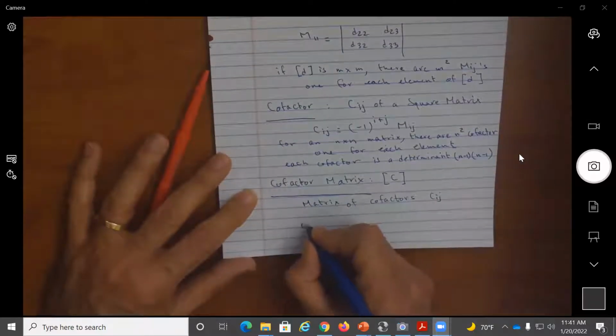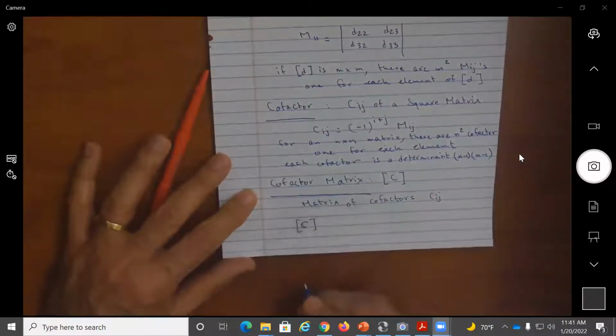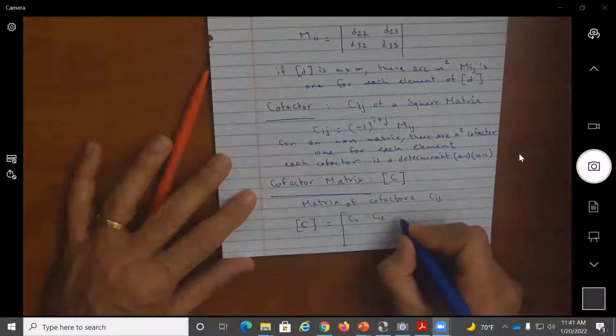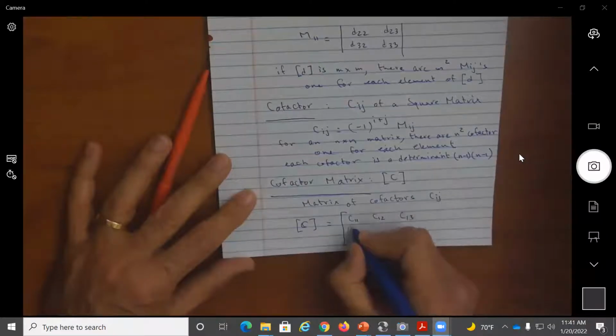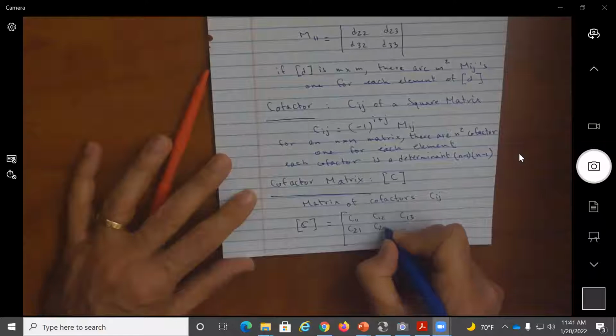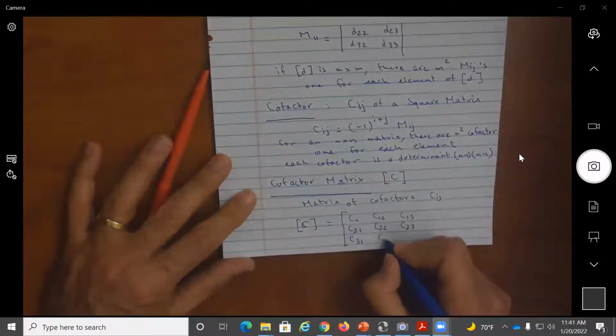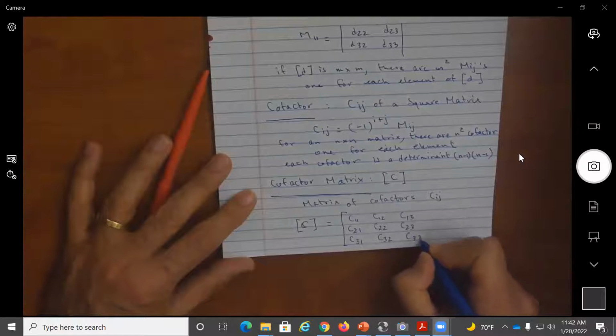So this cofactor matrix C can be written as C11, C12, C13, C21, C22, C23, C31, C32, and C33.